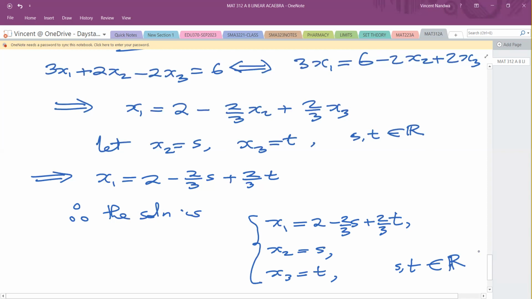And that is the solution. If you don't want to do that, you can make x2 the subject and fix x1 and x3 with different letters, still okay. Or you can make x3 the subject and fix x1 and x2 with different letters, and you still get the set of solutions for the same equation.